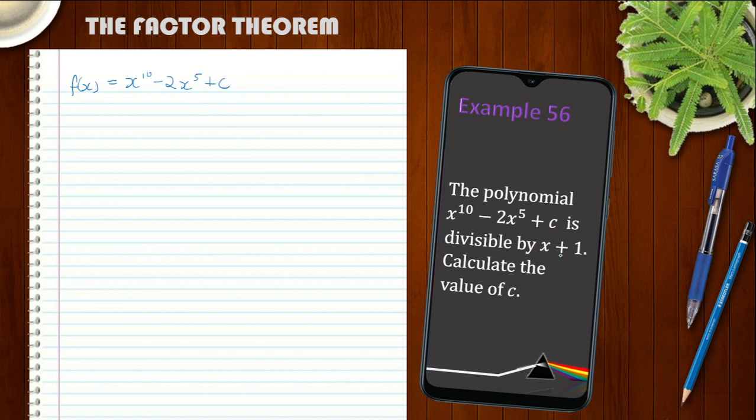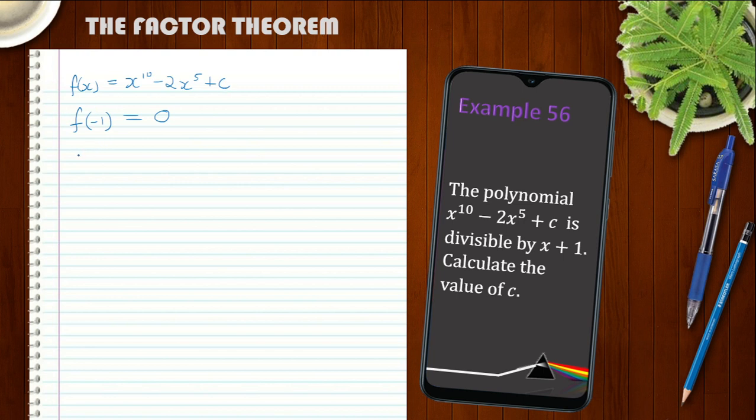It says that it is divisible by x plus 1, which means if I substitute in minus 1 into this, it should give me 0. So wherever I see x, I'm going to substitute in minus 1, and then the only unknown will be c, which we can then solve.